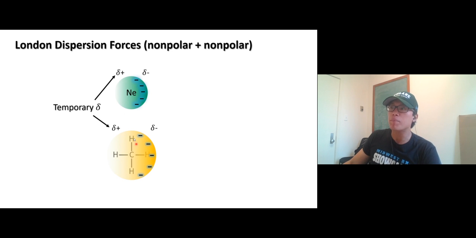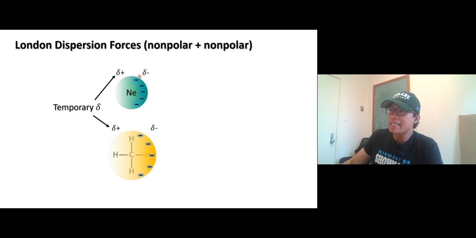This can form a temporary dipole, a small dipole, really small. It's just temporary, not like the previous cases, like dipole or hydrogen bond. Those actually have a permanent dipole, but this doesn't really have a dipole.